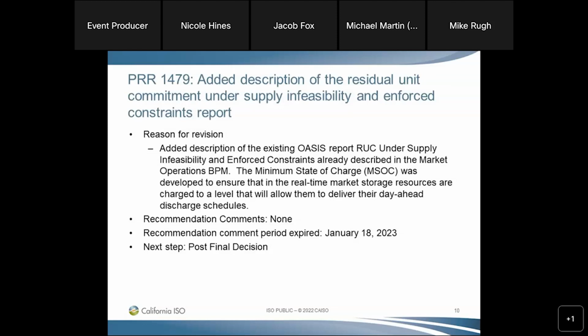We found we never described it in the market instruments BPM. We went back to our training materials and put in a couple paragraphs about the details on this report. I believe we did get a comment on this, an excellent comment, which we addressed and added more detail on. And the next step is to post a final decision.